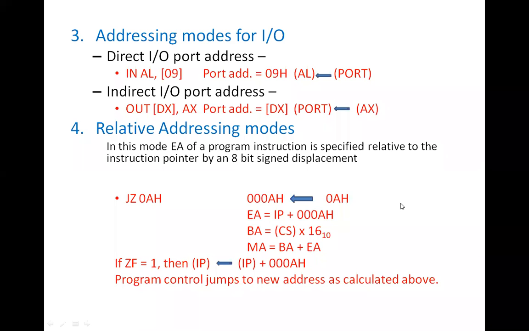So the next addressing mode used in 8086 is addressing modes for input output, in which the input and output devices can be used for addressing purposes, so that either information can be taken from those devices or information can be given to those devices.